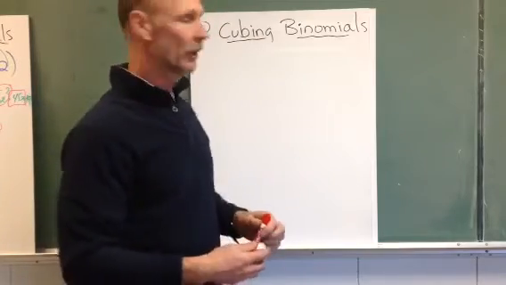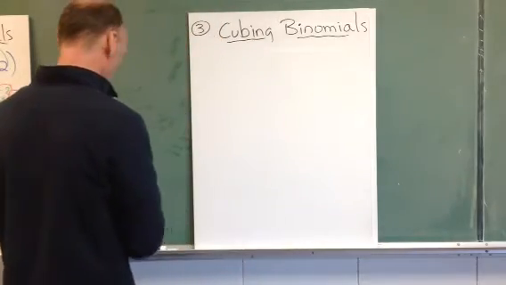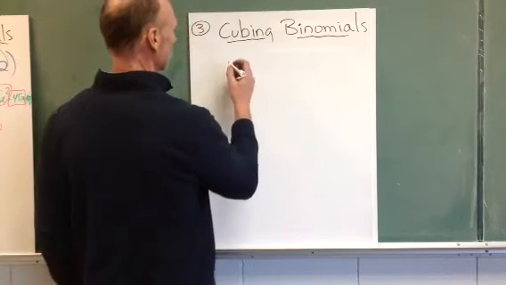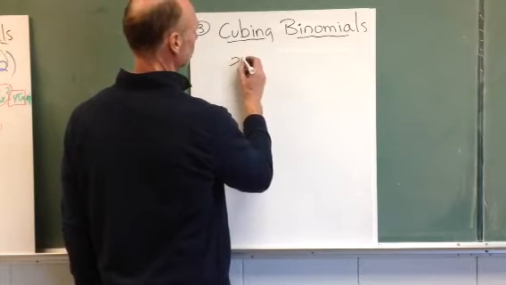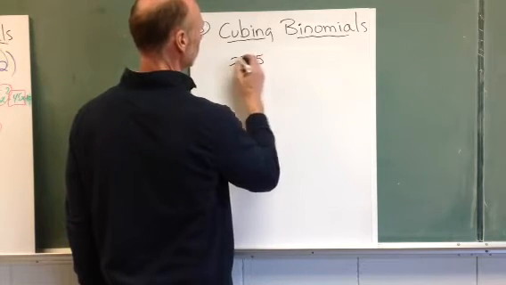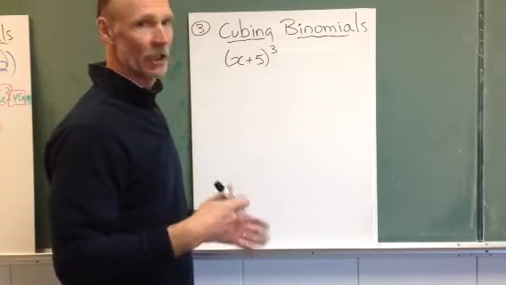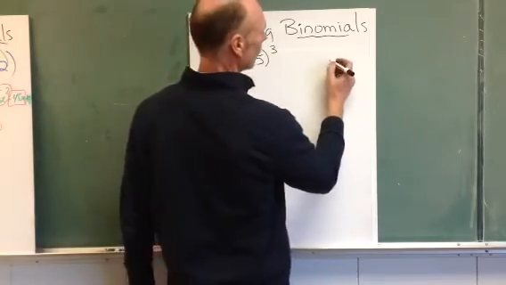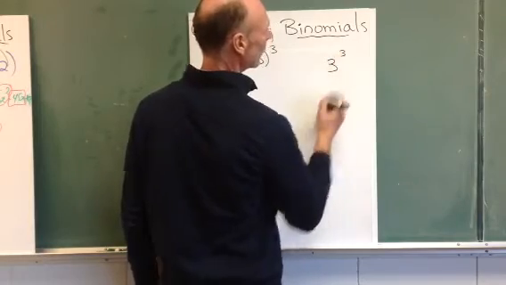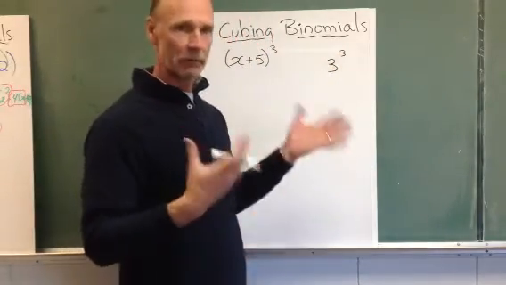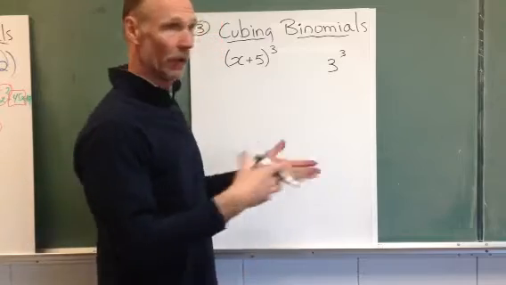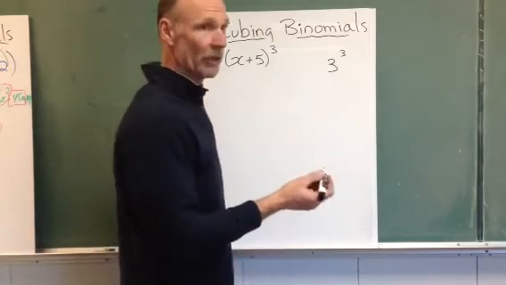Okay, next we have cubing a binomial. By the way, if I had something cubed like 3 cubed, that could be illustrated using a cube instead of a square, or if there are different dimensions, a rectangle.